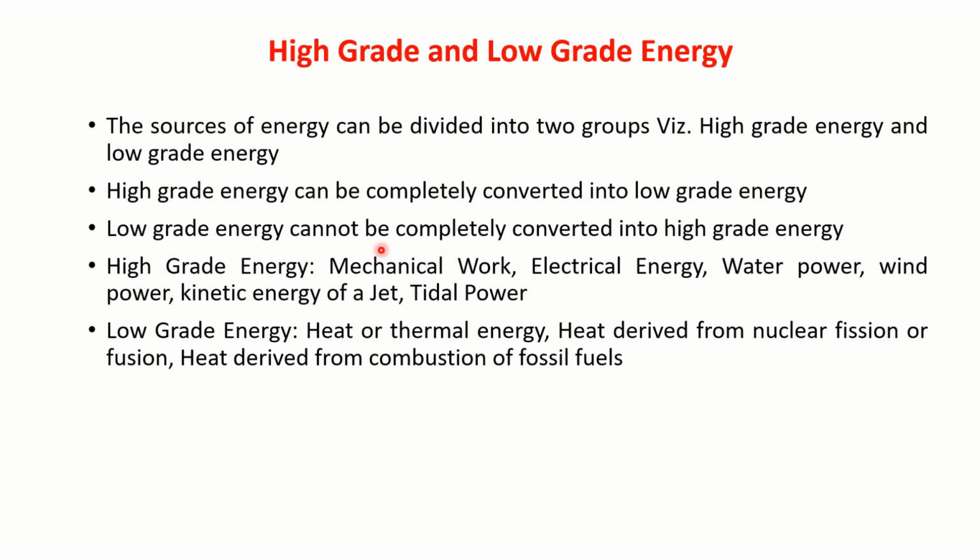So this is not possible. So this is very clear now. Thus high grade energy: mechanical, electrical energy, water power, wind power, kinetic energy of a jet, tidal power, all you can call high grade energies. Low grade energy is heat, thermal energy, heat derived from nuclear fission or fusion, and heat derived from combustion of fossil fuels.